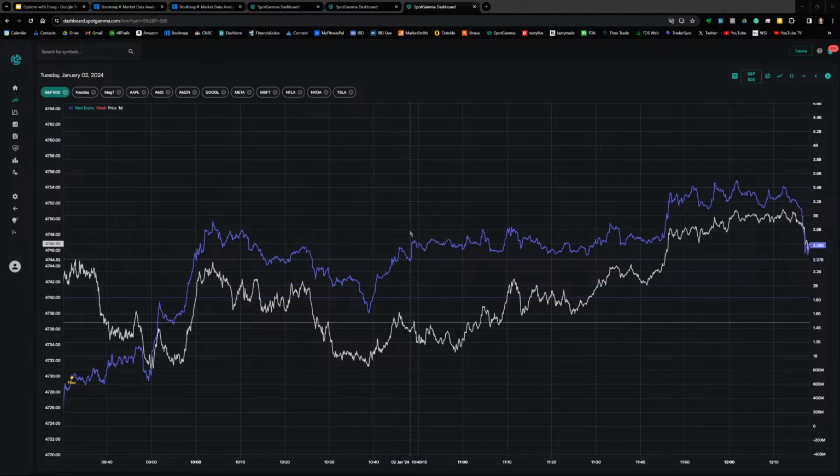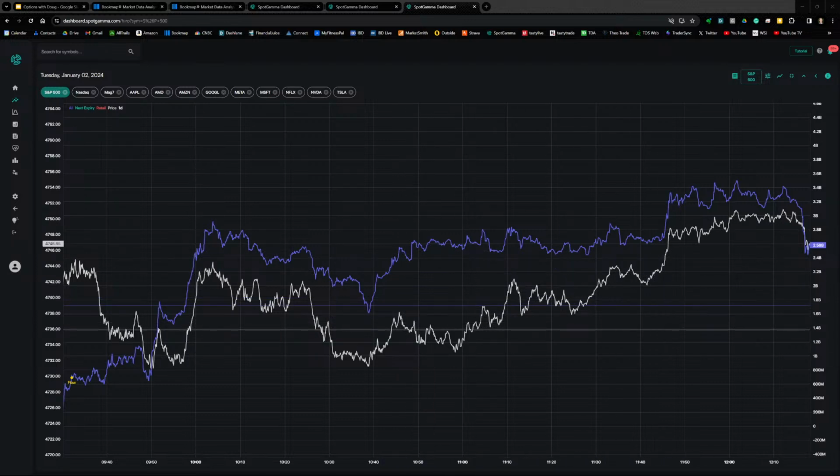And note that this positive order flow, positive hedging flow here, options trades, hedging flow, probably helped to slow down that move lower as the market opened.